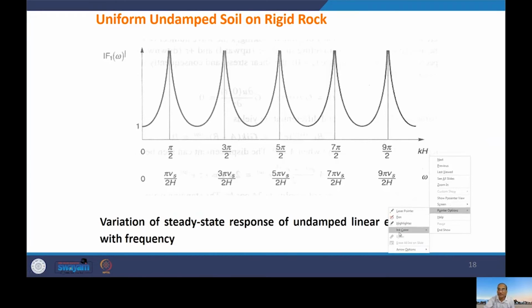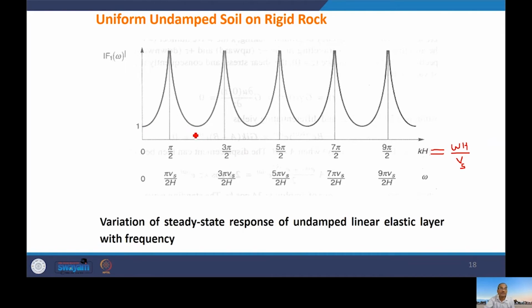So I can write it here: kh is omega h over Vs, because k is omega over Vs. When the value of kh is pi by 2, then cos pi by 2 is 0, cos 3 pi by 2 is 0, cos 5 pi by 2 is 0. So this is where the peak goes to infinity. And when cos theta equals 1, the amplification is 1.